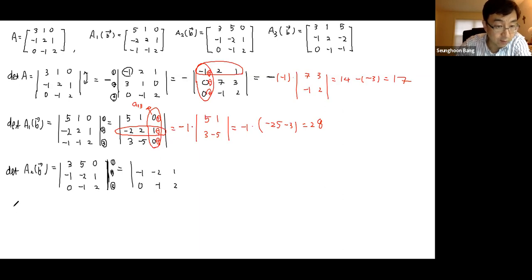Exactly the first row plus 3 times second row. The first row is 3, 5, 0. The 3 times the second row is negative 3, negative 6, and 3. You add it. So we have 0, minus 1, 3.